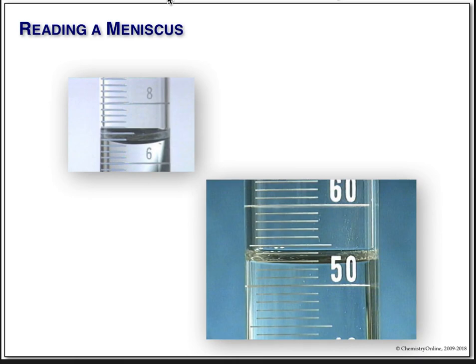Just to review, what we said was when you read a volume, if you have a negative meniscus, this is what it's called, a negative meniscus, you read from the very bottom. Now, on this particular slide, this is 6, that's 7, 6.2, 6.4, 6.6, that's less than 6.7.